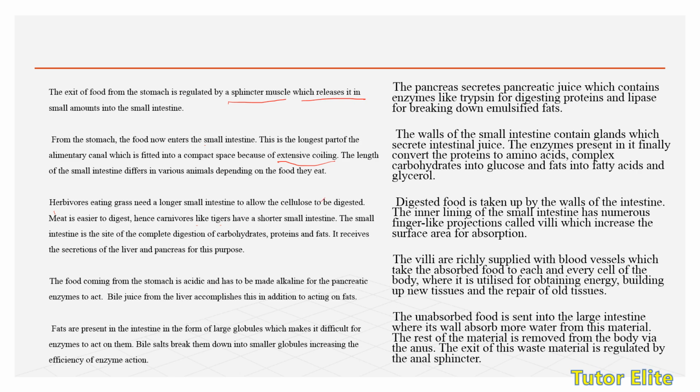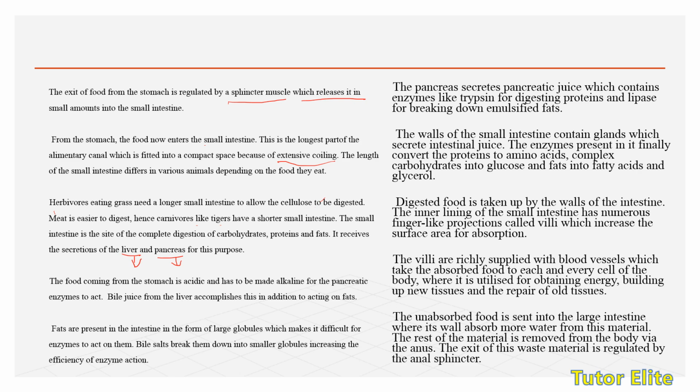The small intestine is the site of complete digestion of carbs, proteins, and fats. It receives the secretions of the liver and pancreas for this purpose. Which juice does the liver secrete and which juice does the pancreas secrete? The liver secretes bile juice and the pancreas secretes pancreatic juice.